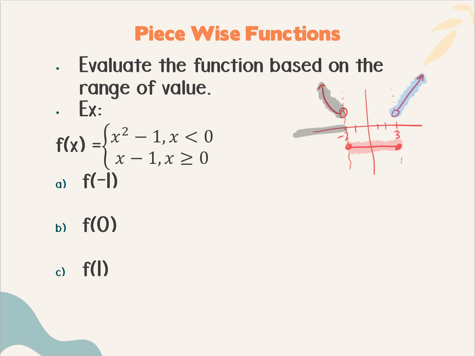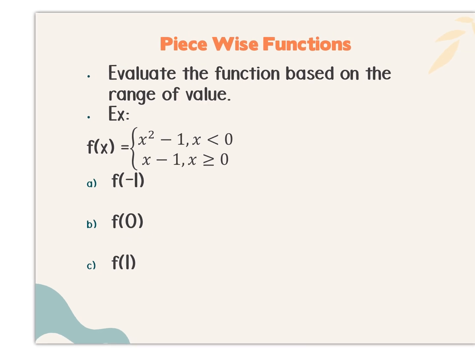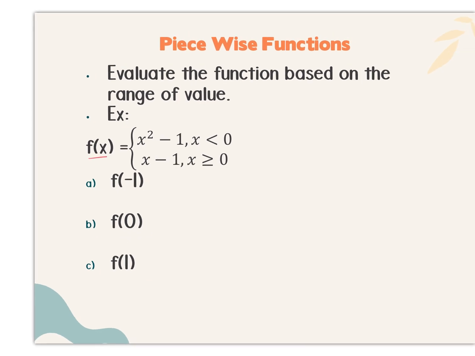So we're not going to ask you to graph these now, and if and when we do this year, we will definitely go over how to graph them. But when you're evaluating a piecewise function, what happens is that they give you a function f of x, and they basically say, okay, f of x uses this equation when x is less than 0.